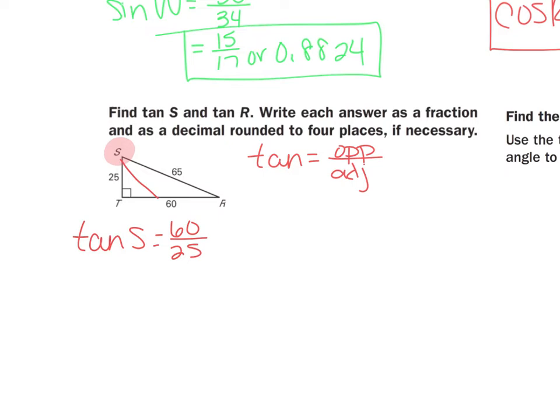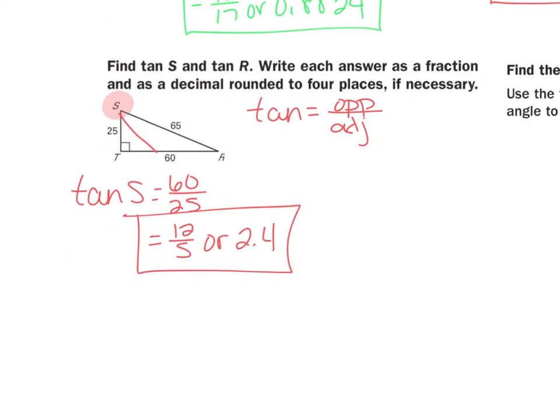All right, and that reduces down to 12 over 5. Okay, so 12 divided by 5 is 2.4. Okay, last one, let's do the tangent of R. I'm going to take my R and find my opposite side.